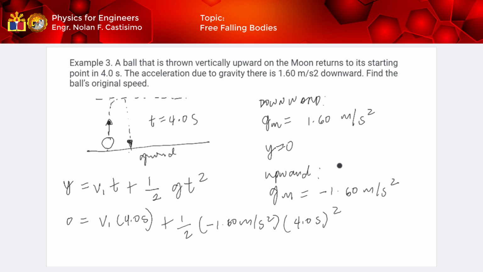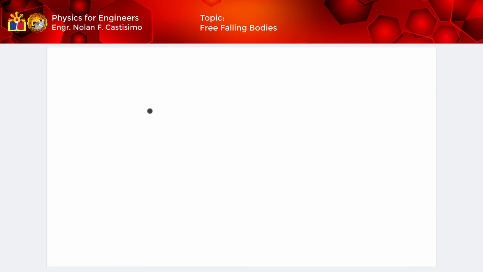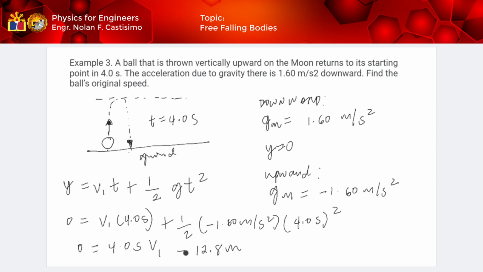Okay? So, rewrite na 0 is equivalent to 4.0 seconds v1 minus, so ito, masolve ko dyan ay 12.8 meters. Okay? So 4.0 seconds v1 is equivalent to 12.8 meters. So, paano nangyari yan? Transpose ko lang ito, 12.8.